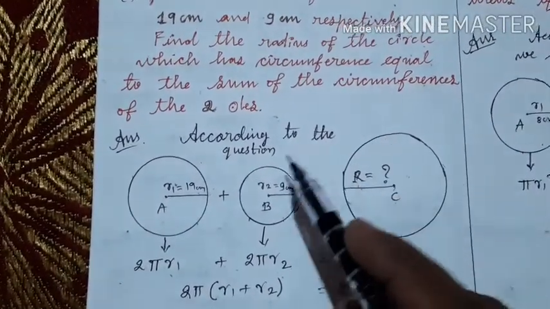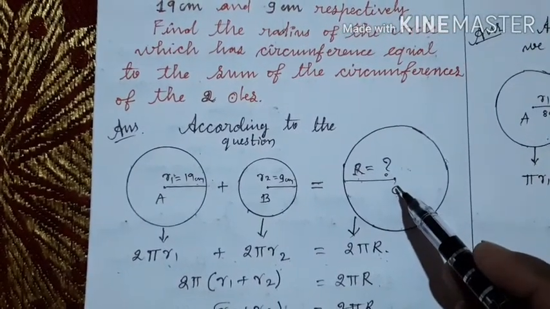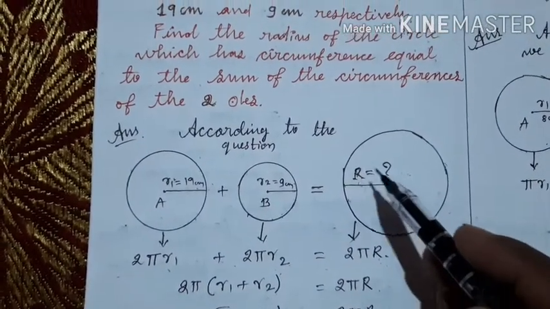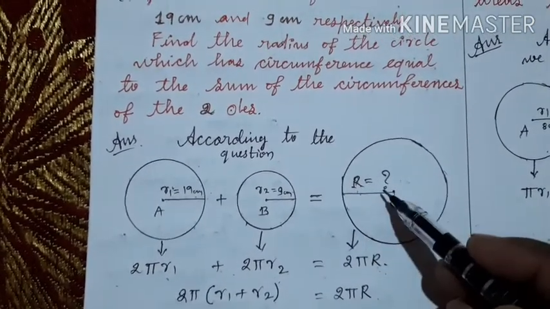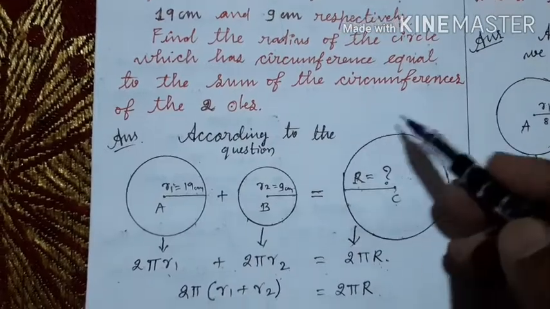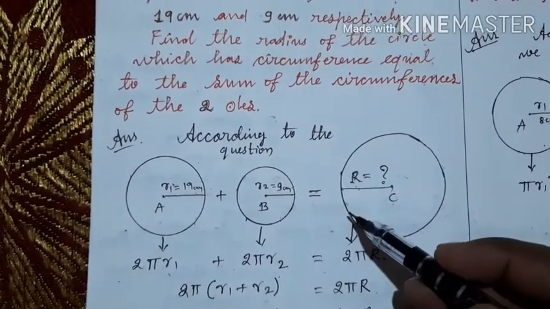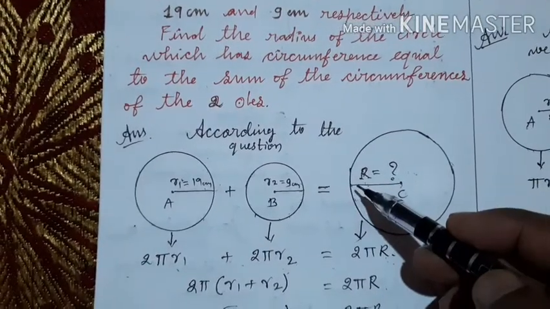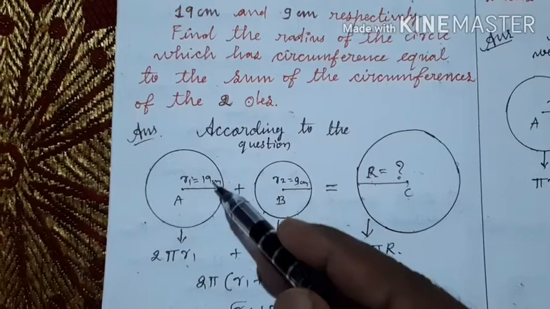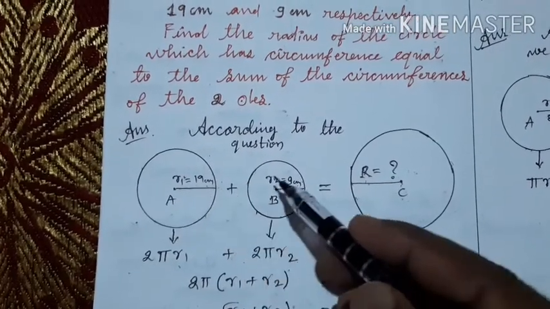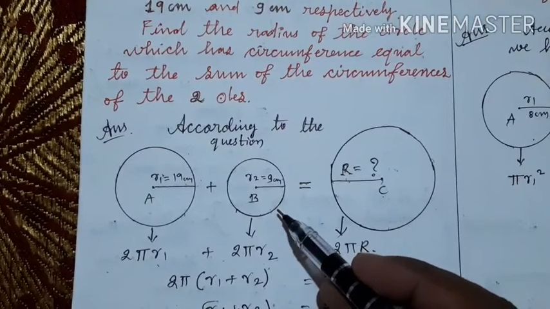According to the question, children, here the circle with center C and capital R as radius is that circle whose circumference is 2 pi R and its circumference is equal to the sum of the circumference of this circle with radius 19 centimeter and this circle with 9 centimeter. Do you understand?